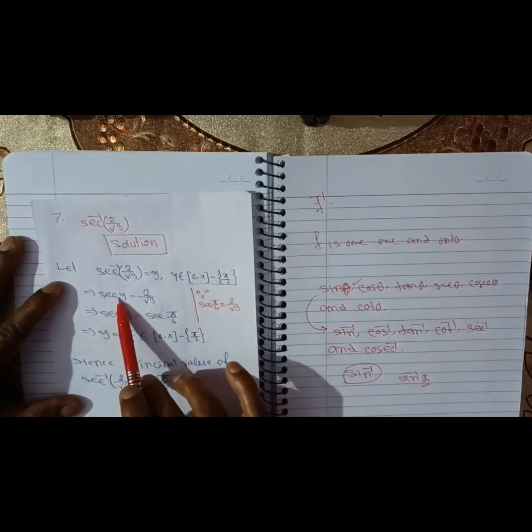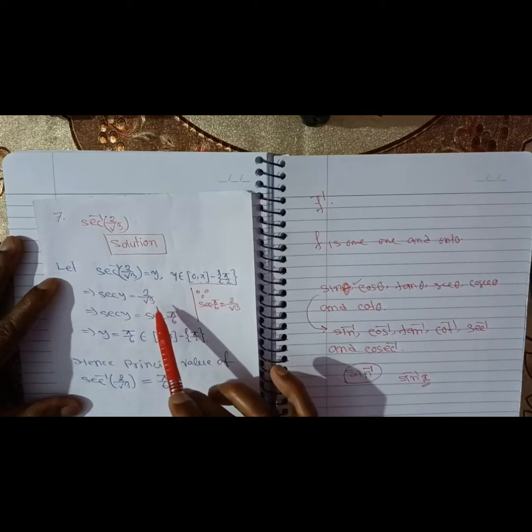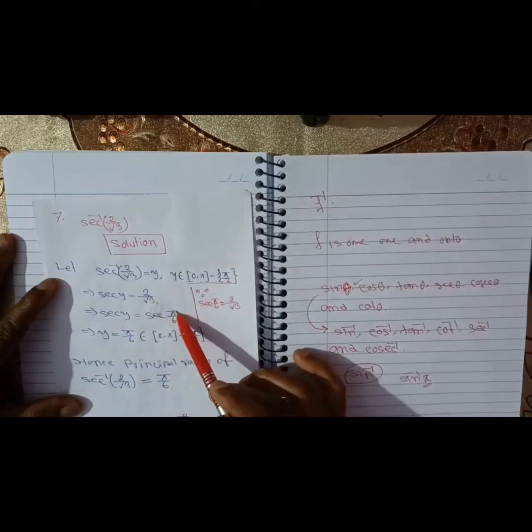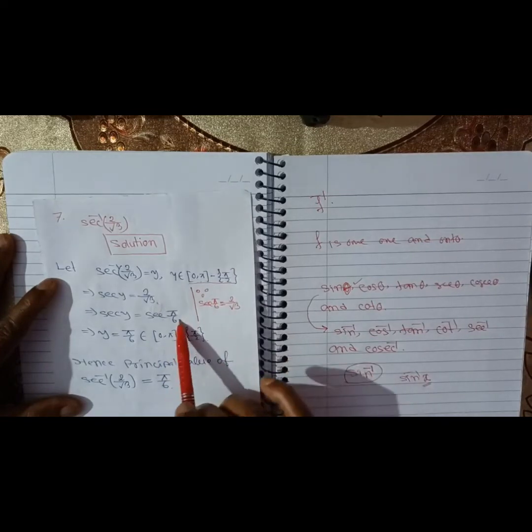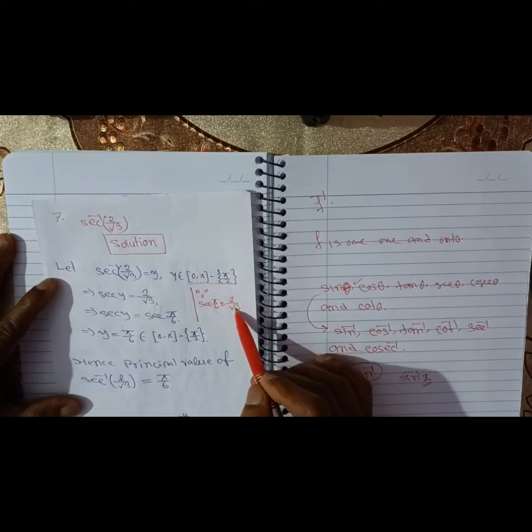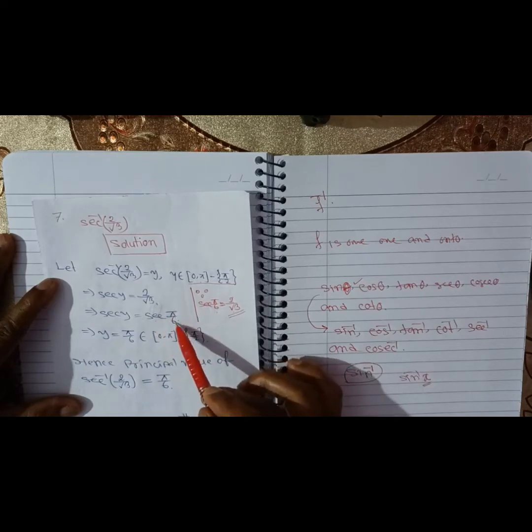This implies sec y equal to 2 by root 3. This implies sec y is equal to sec pi by 6, because sec pi by 6 equals 2 by root 3. So, in place of 2 by root 3, we can write sec pi by 6.